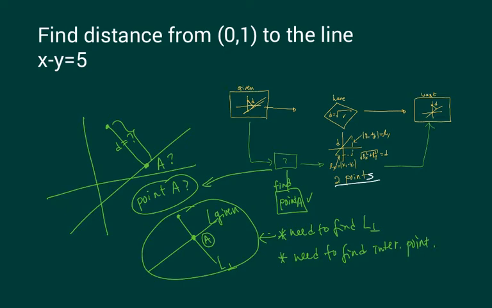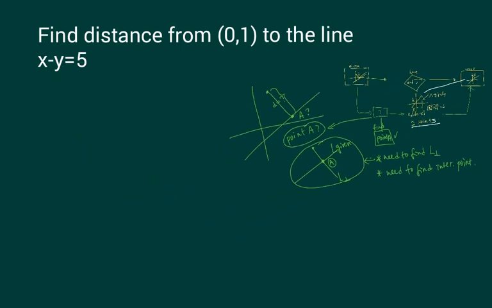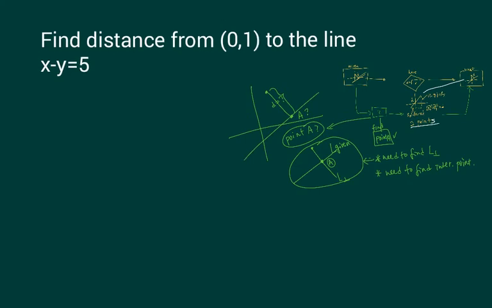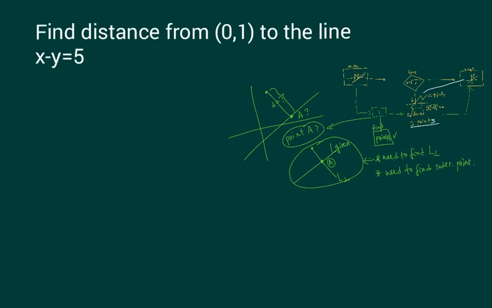All right, let's put this all together. We figure out we can solve this one. Let's give ourselves a to-do list. First, I want to find the line perpendicular to the one we're given, which is x minus y equals 5.